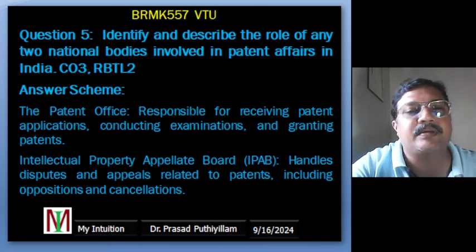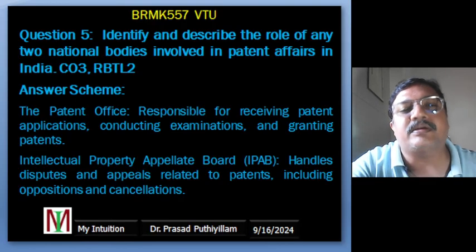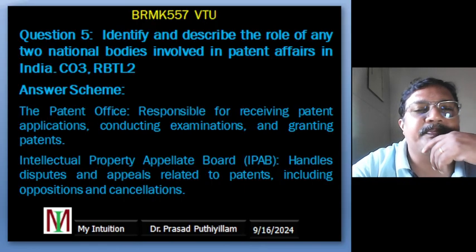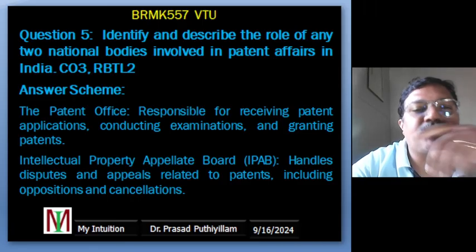Let's say we got a patent for our unique folding bicycle, but another company believes that we stole their idea and they want to cancel our patent. So they can take their complaint to the IPAB.